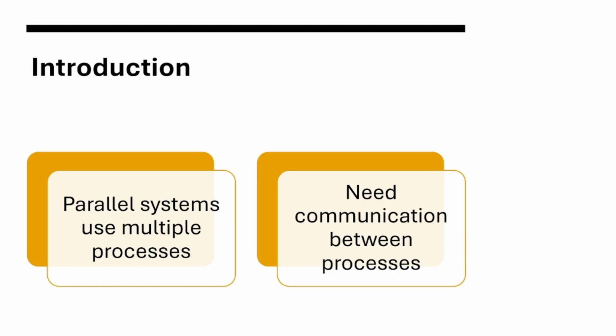Efficient communication is critical because poor communication can lead to delays and performance bottlenecks. Well-designed communication improves scalability and speed. So communication is a fundamental aspect of parallel computing that enables multiple processes to collaborate effectively, ensuring correct, efficient, and scalable execution of complex tasks.